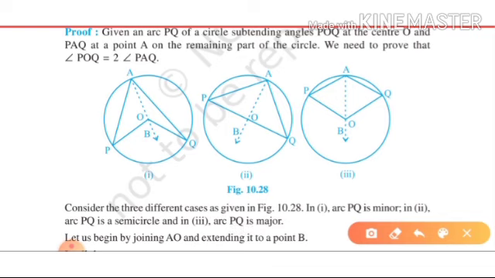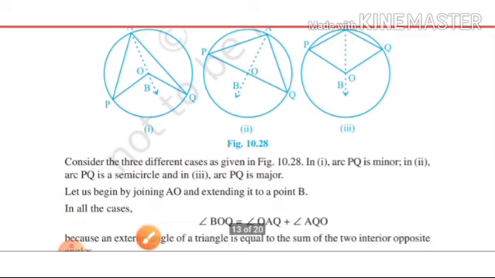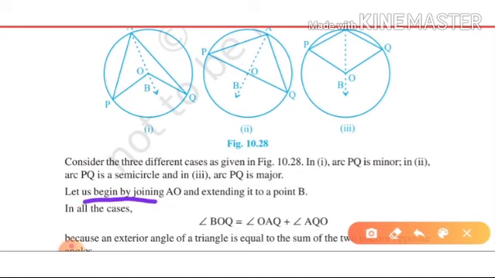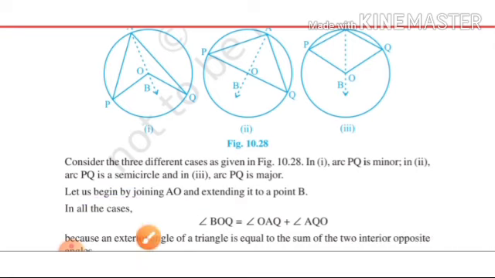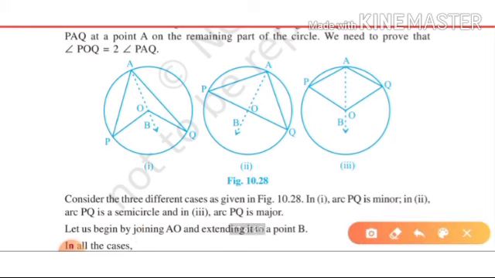Now for this, what we have to do, for construction, we have to join this AO and extend it to a point B. So if you see, they have joined AO and extended it to B, through dotted lines.